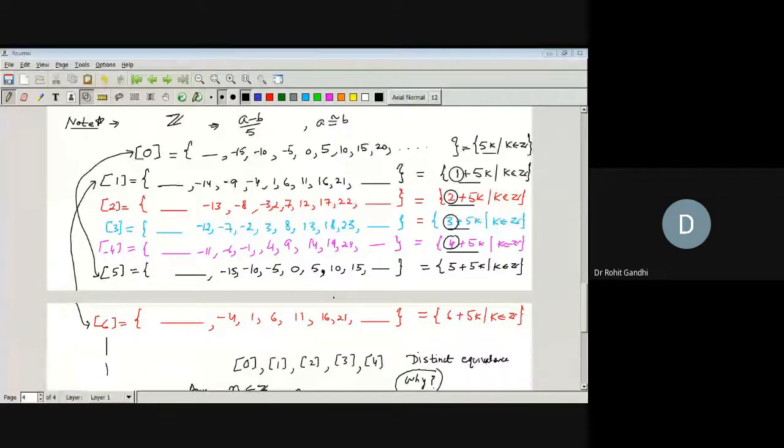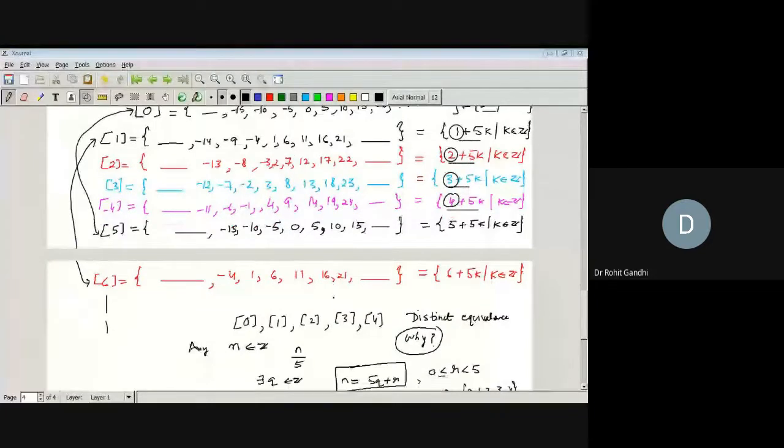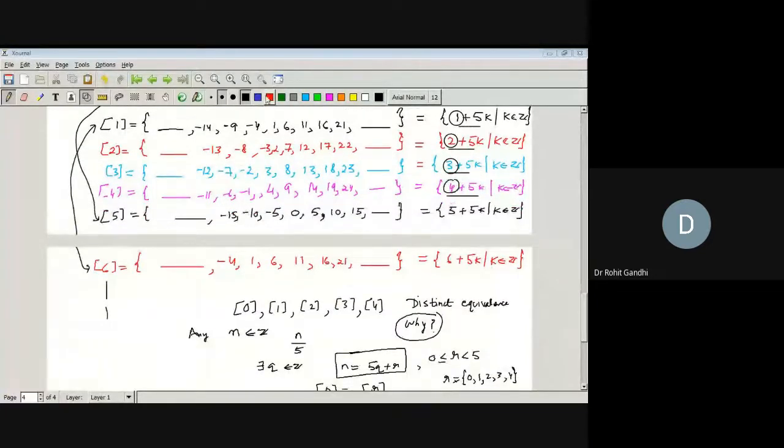Why is it so? What we have seen is that if we take any integer, I am drawing with red pen, and divide it by 5, then the division algorithm says it can be written as 5q plus r. There exists some integer q such that n is equal to 5q plus r.